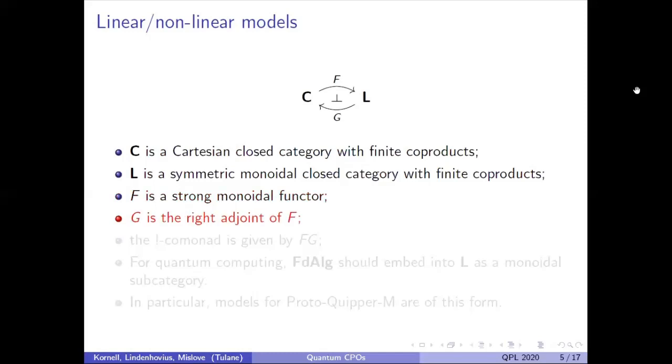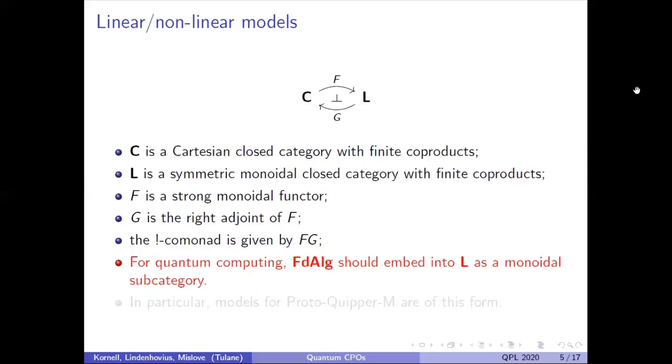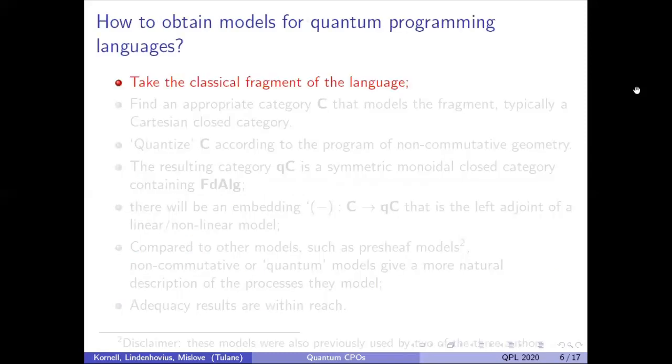And this adjunction induces a comonad, which is the bang. And then again, for quantum computing, the finite dimensional algebras should be a monoidal subcategory of this category L. And in particular, models for Proto-Quipper-M are known to be linear-nonlinear models of this form.